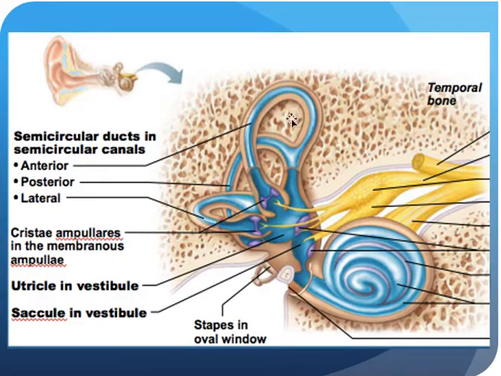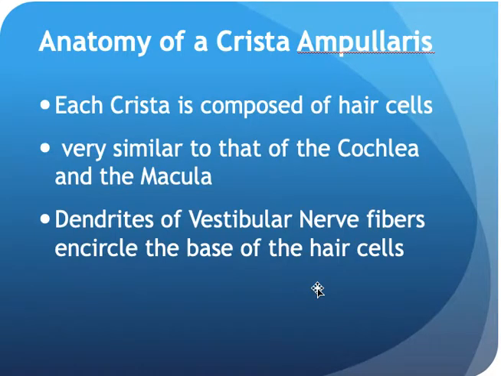Okay, so here we get our semicircular canals, and I can see my cristae ampullaris, and I have a left side and a right side, so I'm going to get a lot of information sent up to the brain. You can also see the vestibule, right? And I can see my macula, and I know those are for linear acceleration. Okay, so anatomy of a crista ampullaris. Each crista is composed of hair cells, very similar to those of the cochlea and the macula.